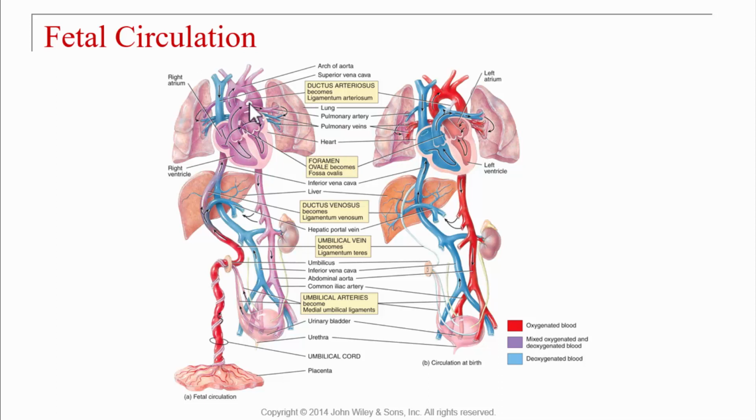And then when we come up here to the ductus arteriosus, that is just going to fuse and become a ligament, and that's the ligamentum arteriosum. Okay? So those are the differences in fetal circulation versus circulation right after birth.